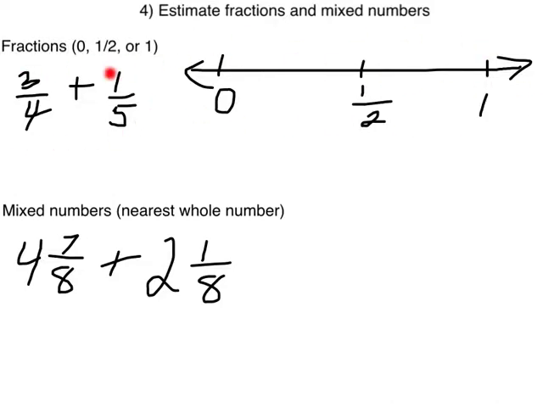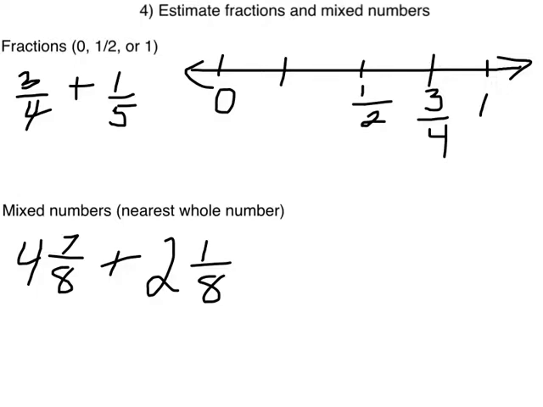When you are adding fractions or asked to estimate fractions, you estimate them to 0, a half, or a whole, because they're fractions and they're less than one whole. So 3/4, would that be closer to 0, a half, or a whole? Well, if we look at this number line and we cut it into fourths, 3/4 is there. It's in between a half and a whole.